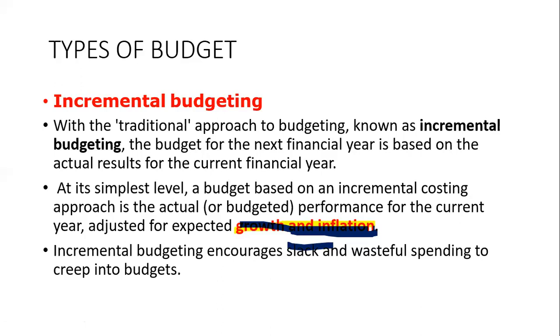So that's what rolling and incremental can bring, and they have advantages and disadvantages. A disadvantage is that it can allow slack; somebody can exploit the budget to make more money, claiming it has grown when in reality it has not. So it could lead to wastages, and that is something you may factor in as a concern.